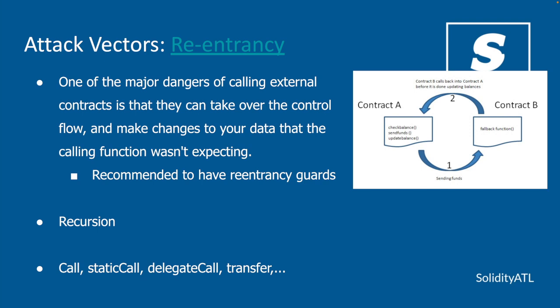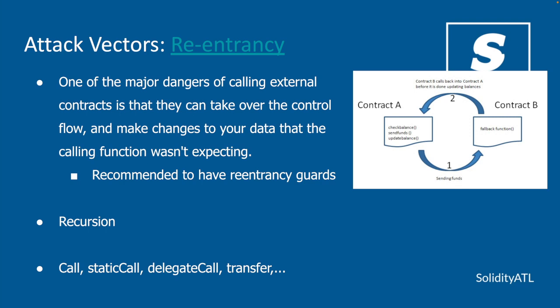Reentrancy guards are very recommended, especially whenever there's a call to an external contract. When I'm looking at an audit, if I see a call to an external contract and I don't see a reentrancy guard, that's a huge sign for me to look for a vulnerability there.